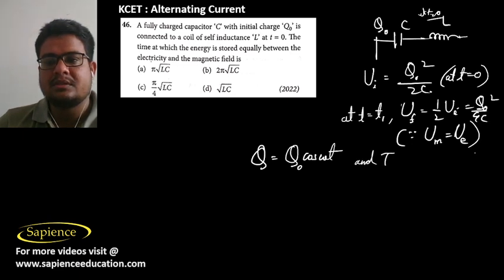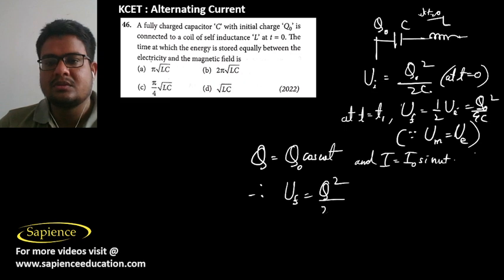The current in the inductor will be equal to I0 sin omega t. Therefore, U final, that is equal to Q square by 2C, will be equal to Q0 square by 4C. It means that Q will be equal to Q0 by root 2.